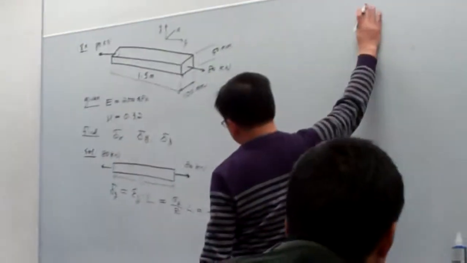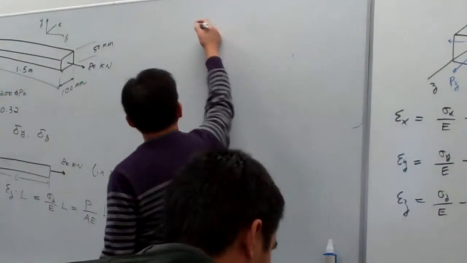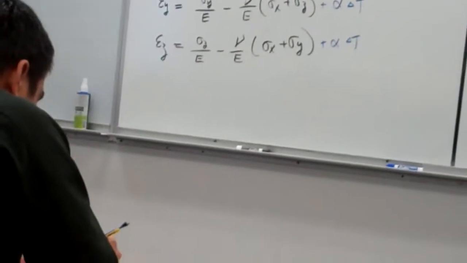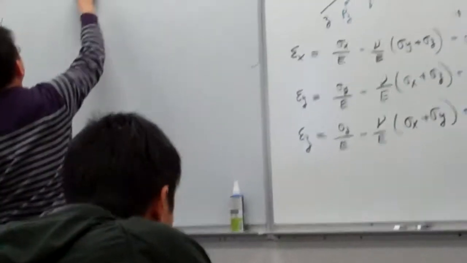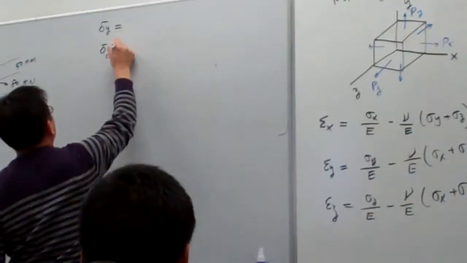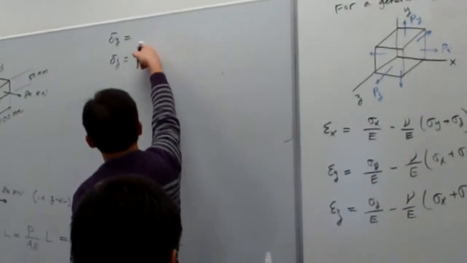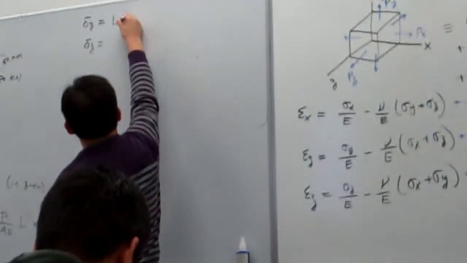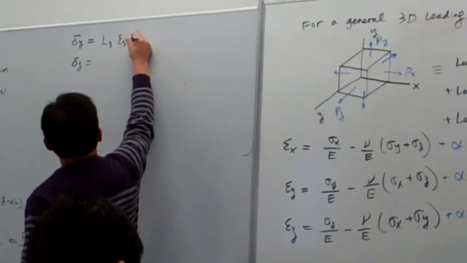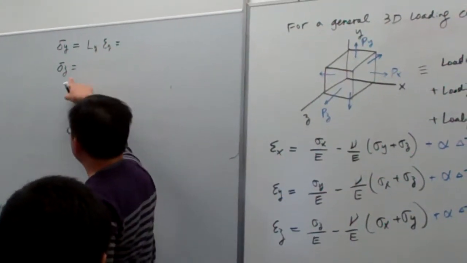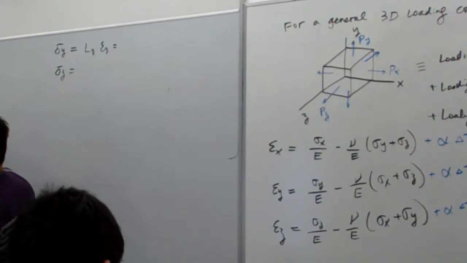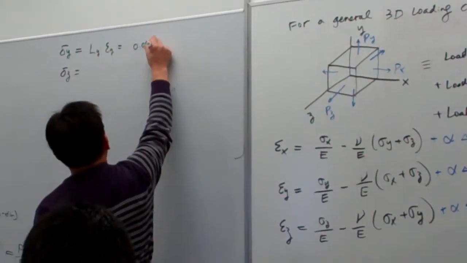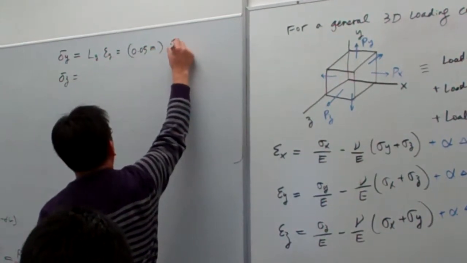And we can calculate the other deformations. Basically, it is the dimension in the y direction multiplied by the strain in the y direction. Plugging in the numbers, the dimension in the y direction is 50 millimeters, so 0.05 meter times epsilon y.